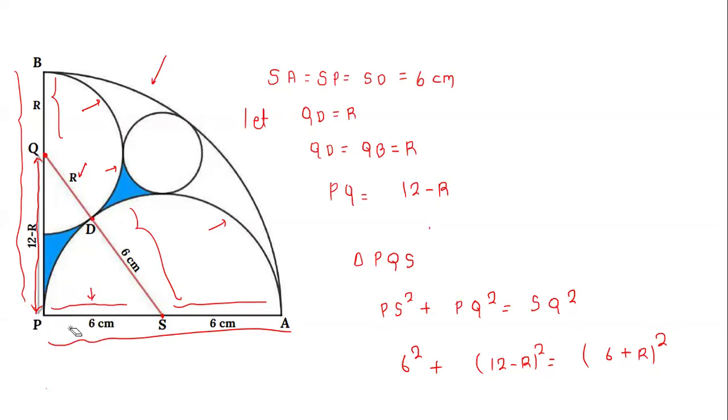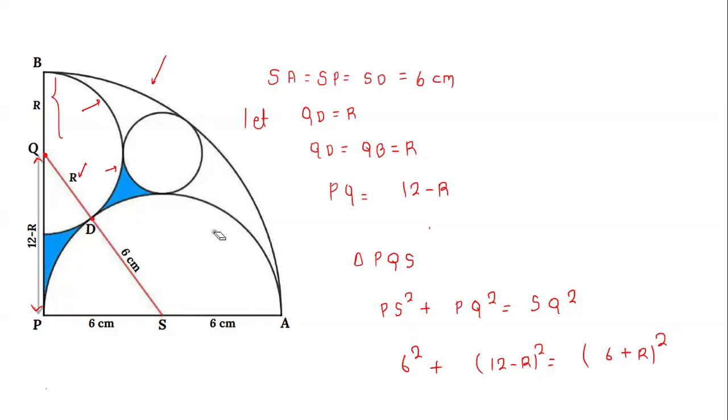Now you look at the triangle PQS, so this is P, this is Q, this is S. Now you look at this triangle.